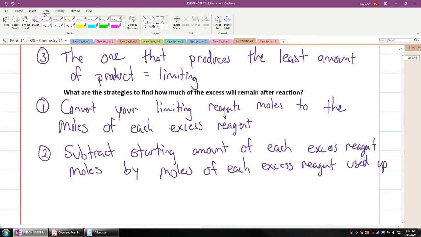And where does this value come from, the moles of each excess reagent used up? Well, that will be found in step 1. When you convert your limiting reagent moles to the moles of each excess reagent, you're finding what is used up.